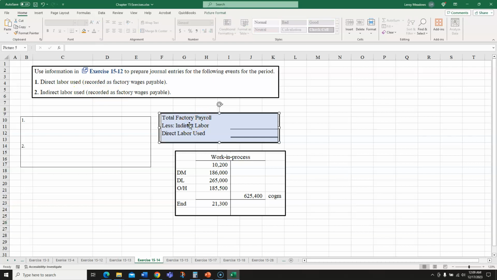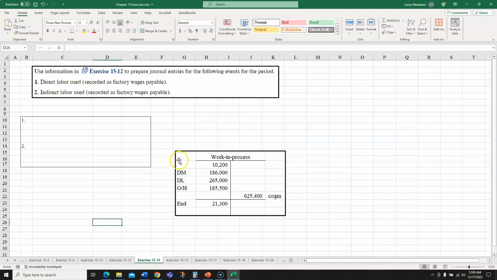I thought I copied that from there, so let me get rid of that. We know that my direct labor used was $265,000. Remember, direct labor, just like direct materials, is incurred and accumulated in work in process inventory.